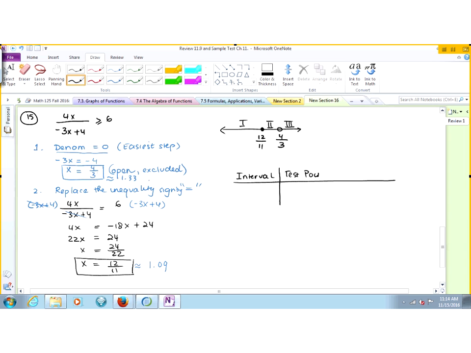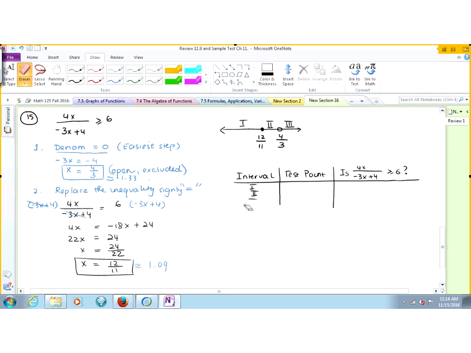And then there is a question: is 4x over negative 3x plus 4 greater than or equal to 6? That's the question that we want to answer. So there are 3 intervals.